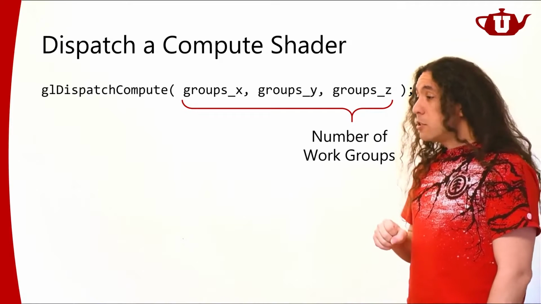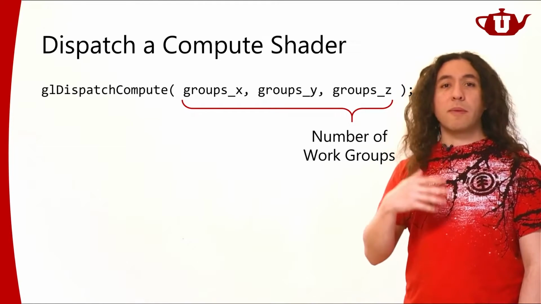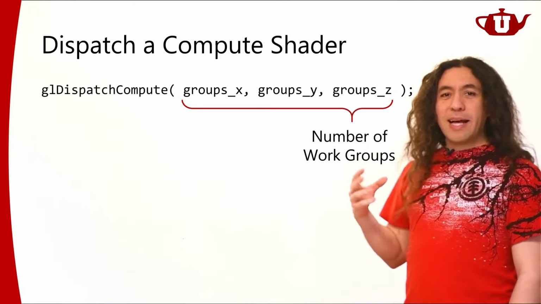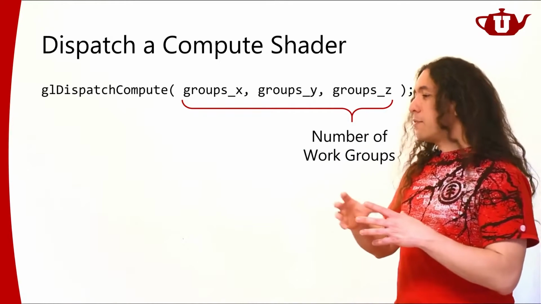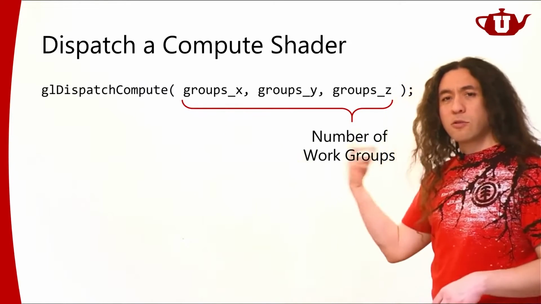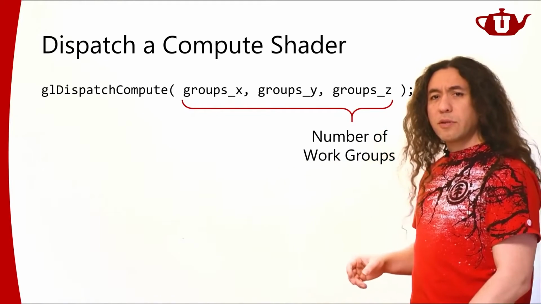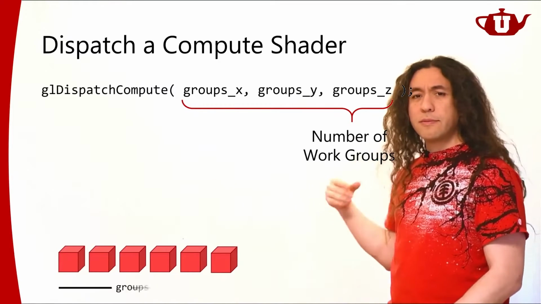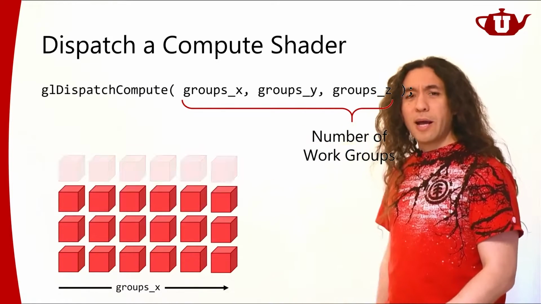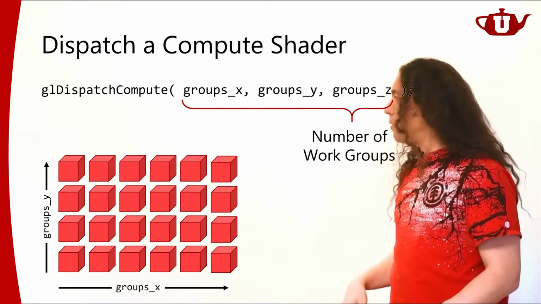And for that, I am allowed to think about my problem, whatever problem I'm trying to solve, as a 1D problem or 2D problem or a 3D problem. So I can assign these work groups, not just say I want to have 10 work groups, but I can specify them as I want to have a certain number in X, a certain number in Y, a certain number in Z. So let's say I want to have a certain number of work groups in the X dimension, in this case I have 6, and I can say I also want to have some dimension in Y. So now I have 24, right?